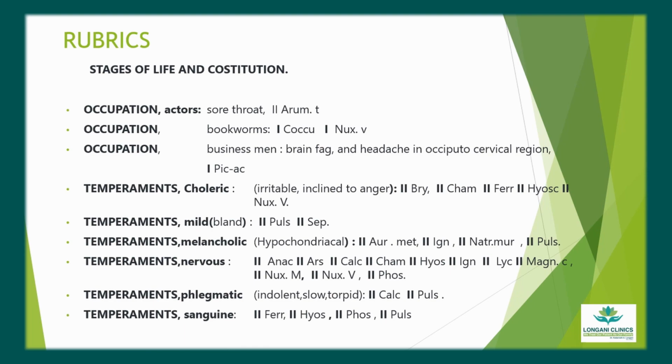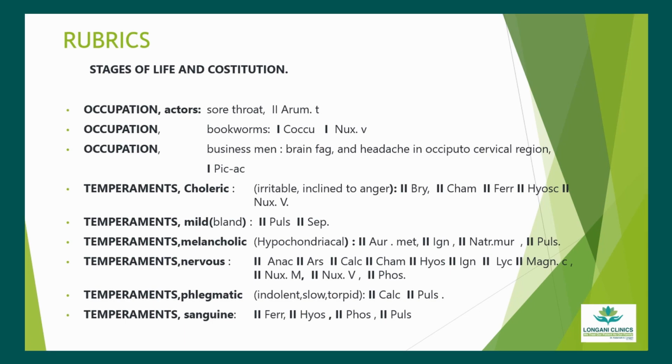Then temperament, phlegmatic, indolent, slow, torpid. The drugs mentioned are calcarea, pulsatilla. Then temperament, sanguine. The drugs mentioned are ferrum, hyoscyamus, phosphorus, and pulsatilla.